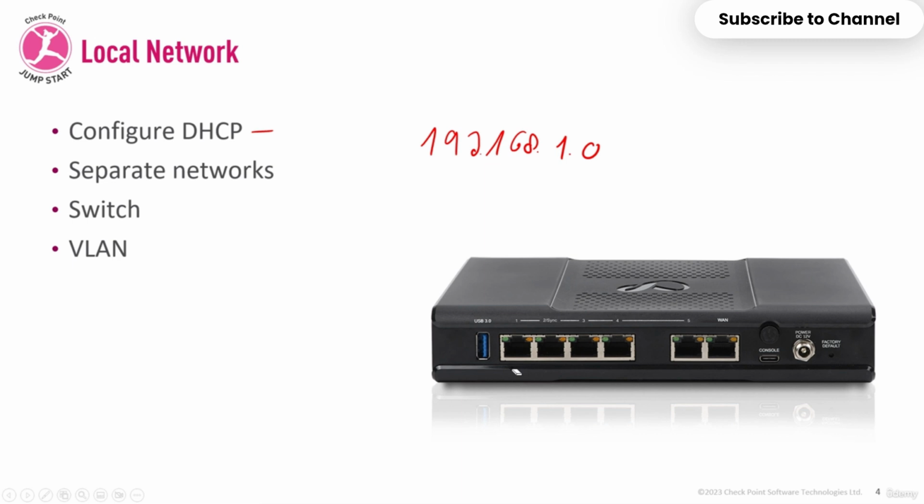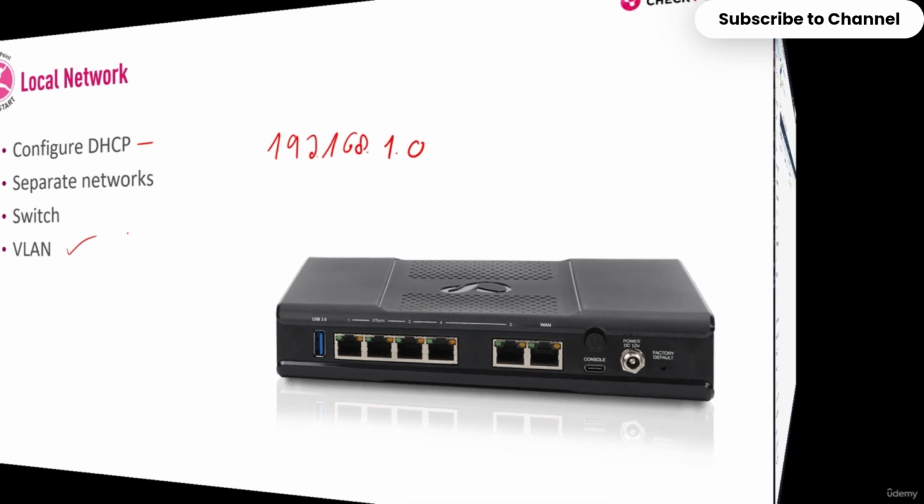On some of the devices, you can customize a specific port to act as a DMZ port or just another port on your network. The Quantum Spark can also support VLAN, so you can configure a VLAN interface if that's what you want to use within your organization.